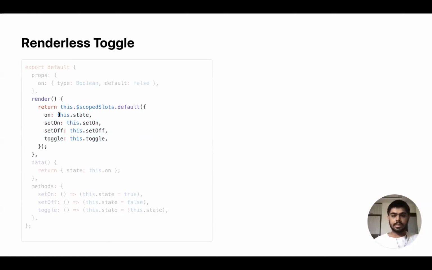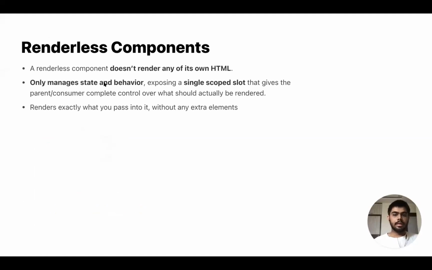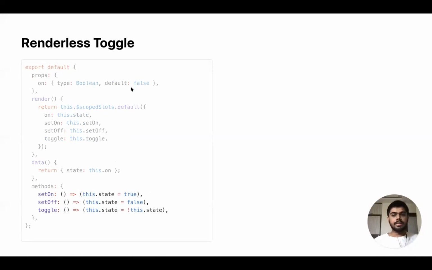So this is this.state. SetOn is the setOn function, setOff is the setOff function, toggle is the toggle function. So if you go back a few steps, again, it does not have any of its own HTML. It has a single scope slot and manages the state and behavior itself. So this by definition is a renderless component. We have on, setOff, toggle.